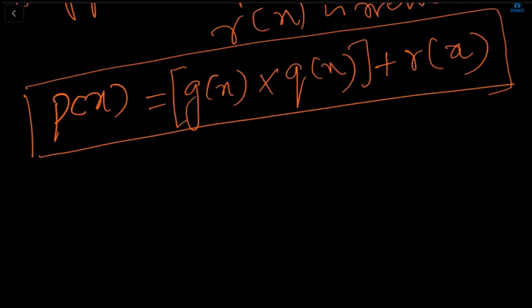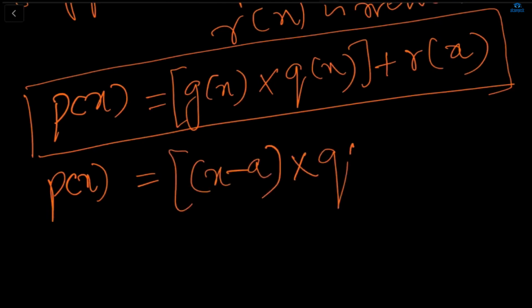Now the value of g(x), we already know, is x minus a, multiplied by q(x) plus r(x). We have put in the value of g(x).